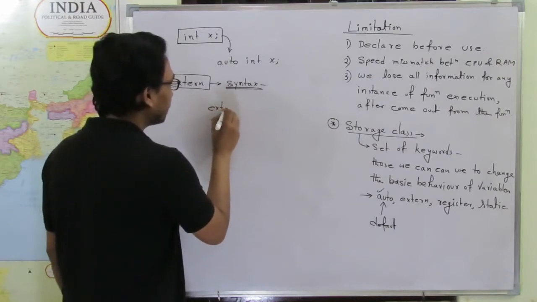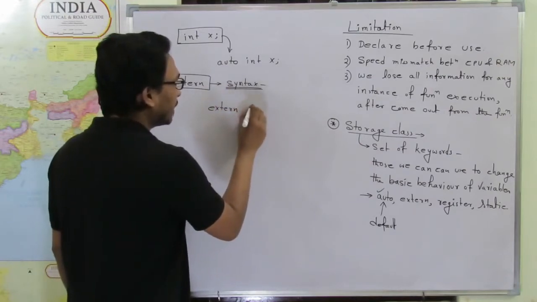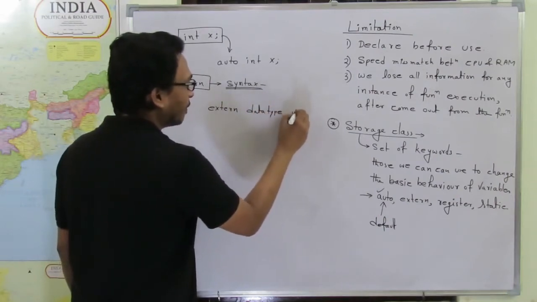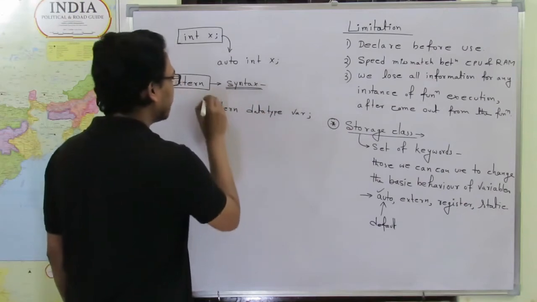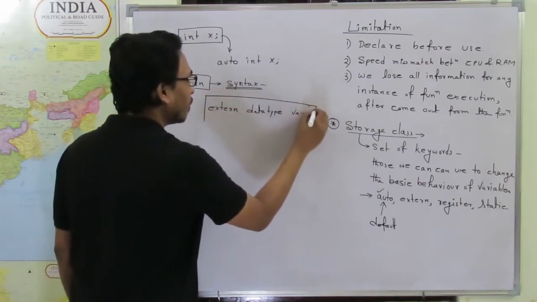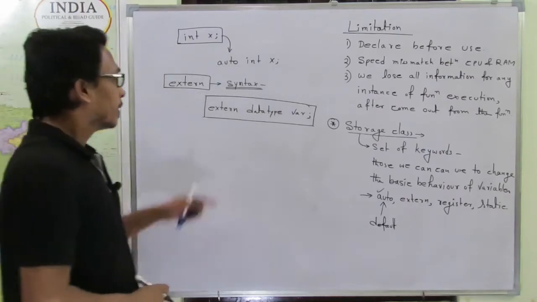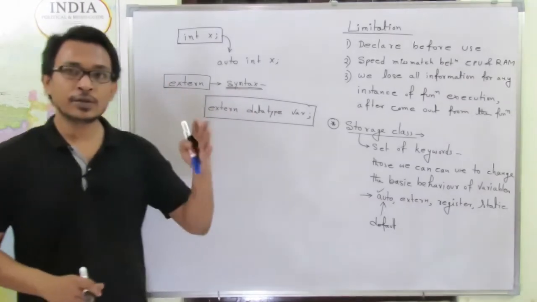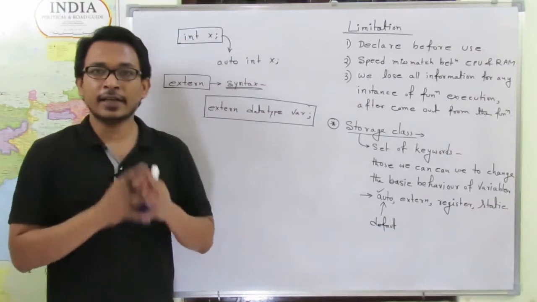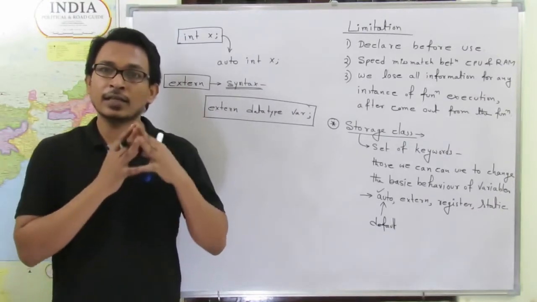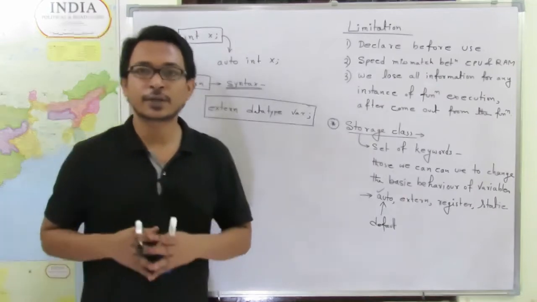Look, the syntax of use of extern is: extern, then data type, then variable name. This is the syntax of use of the extern storage class. Now look, when we use the extern storage class, it is not a declarative statement anymore.